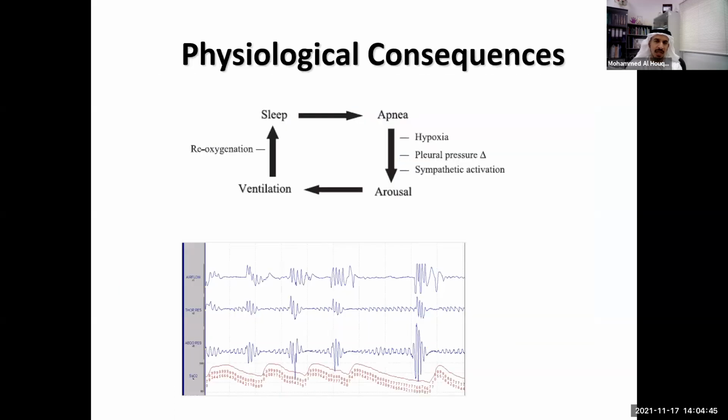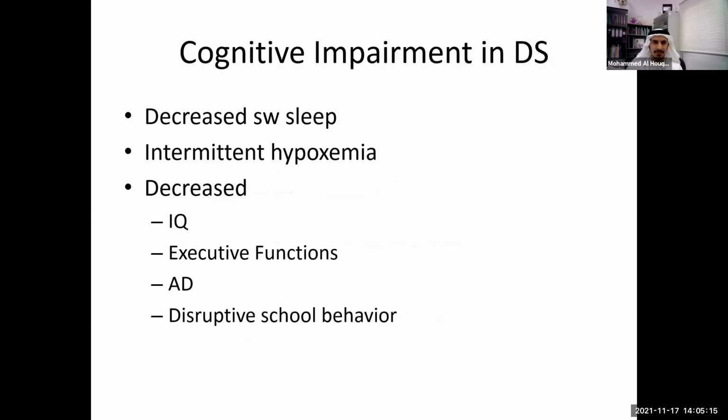So the physiological consequences of sleep apnea: basically, when the patient sleeps and starts to have the apnea, oxygen goes down, there's a swing in the pleural pressure, more negative intrathoracic pressure, and sympathetic activation, which leads to arousal, ventilation, reoxygenation, and sleep. And this cycle may occur more than 30 times an hour in patients with a severe degree of obstructive sleep apnea.